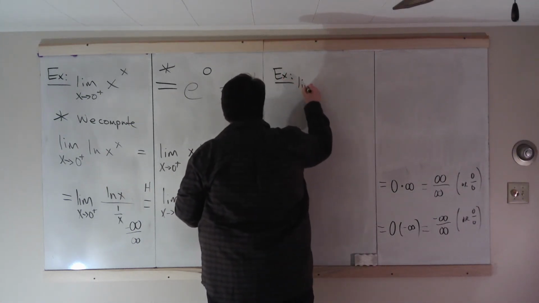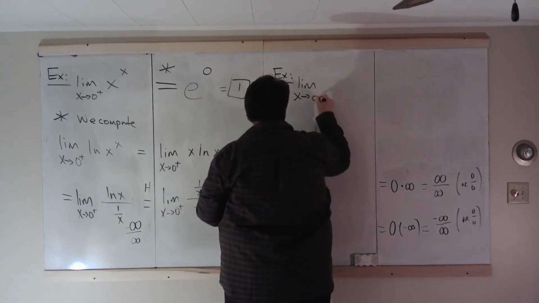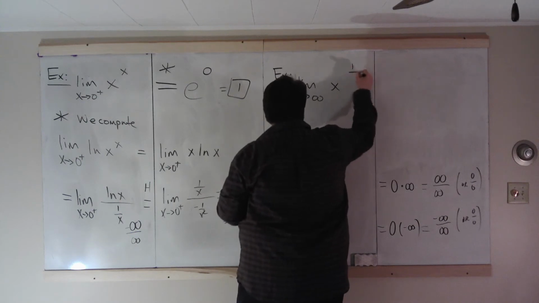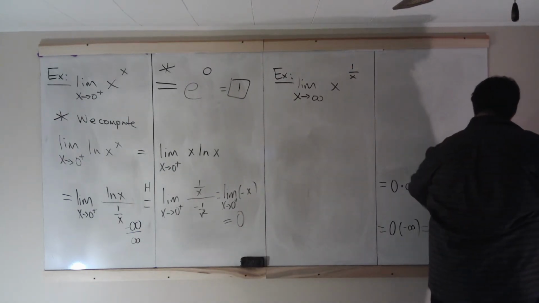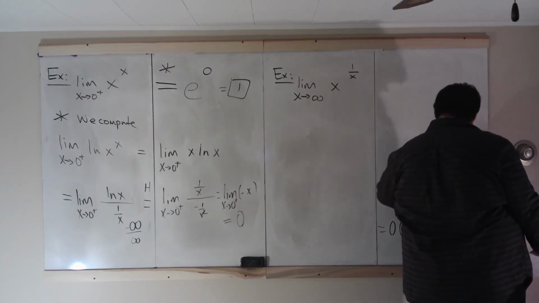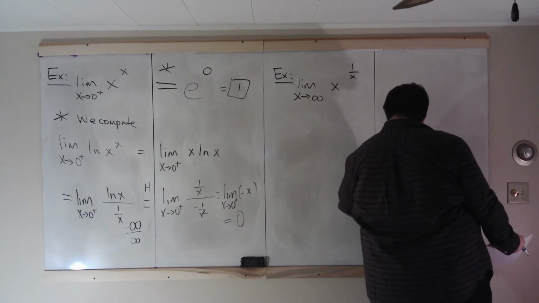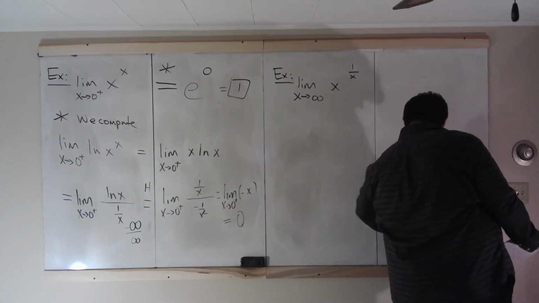Example, limit as x approaches infinity of x to the 1 over x. So here, the base as x goes to infinity goes to infinity. The exponent as x goes to infinity goes to 0.